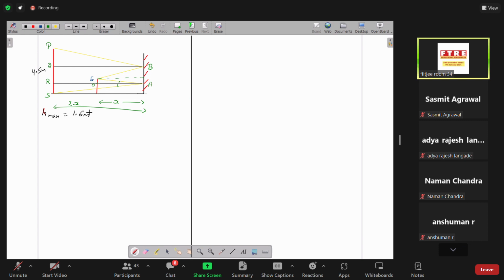Now let's take this. Then in this triangle, the height will be 1.6.